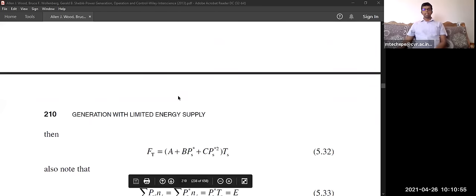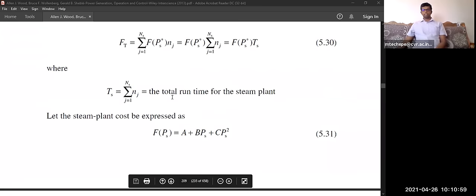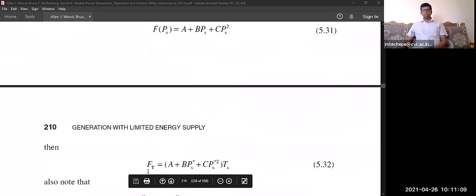Next, coming to the total fuel cost. Total fuel cost FT is F of PS star into TS. So with F of PS, it is A plus B into PS star plus C into PS star square, all into TS.